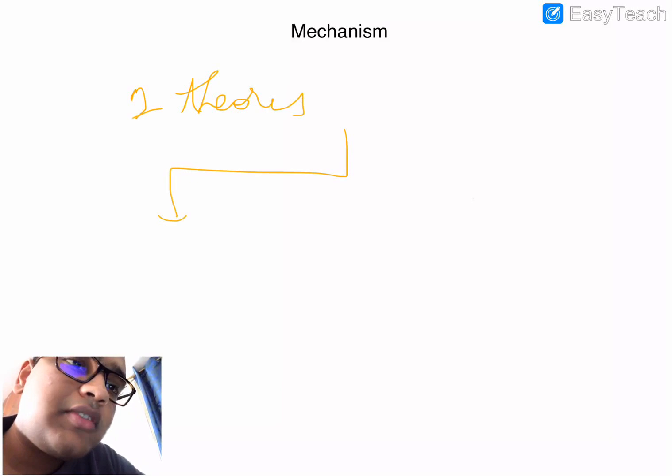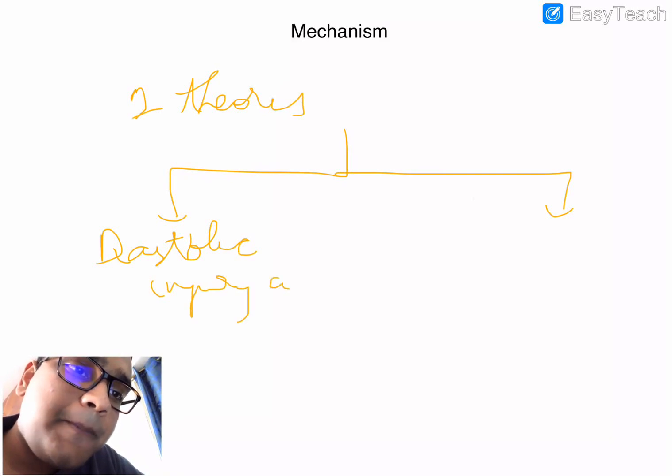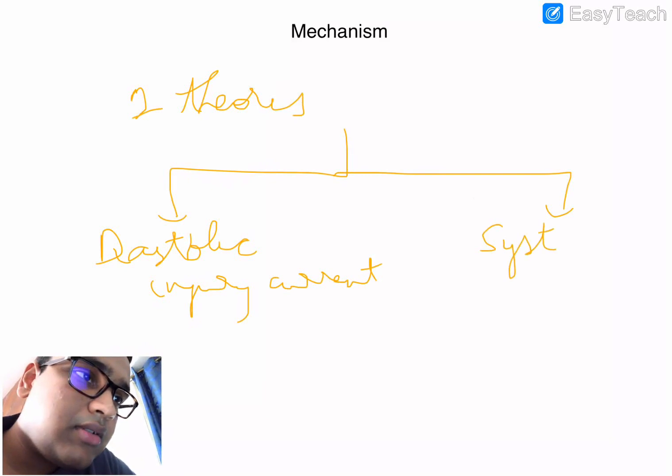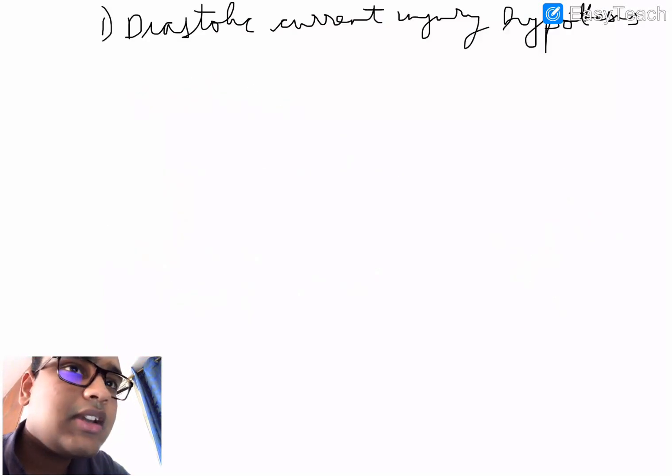One is known as the diastolic injury current theory or hypothesis, and the second is known as the systolic injury current hypothesis. These two theories were put forth to explain why there is ST segment elevation in MI. Let's look at each theory.